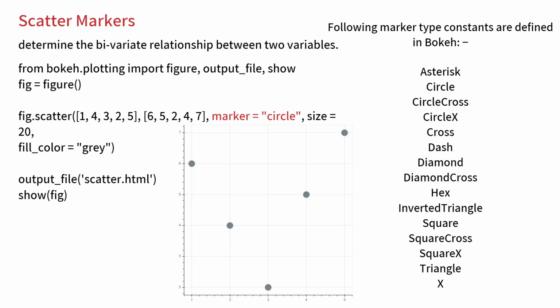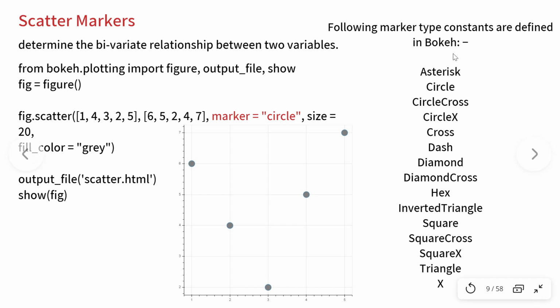Then the scatter marks. In Matplotlib or in Seaborn, you have come across the scatter a lot of times. Now, there is an additional feature that Bokeh provides to you, and that is producing scatter markers, the markers in the scatter plot or any type of plot, as a matter of fact.